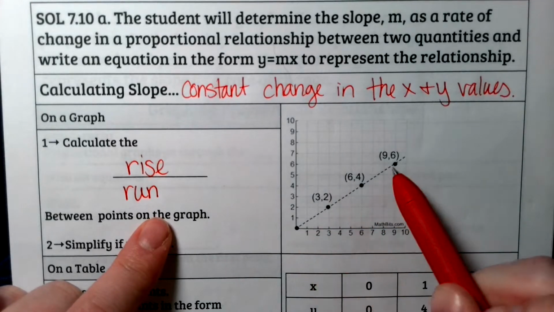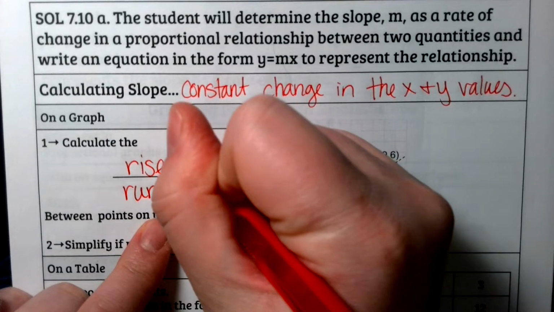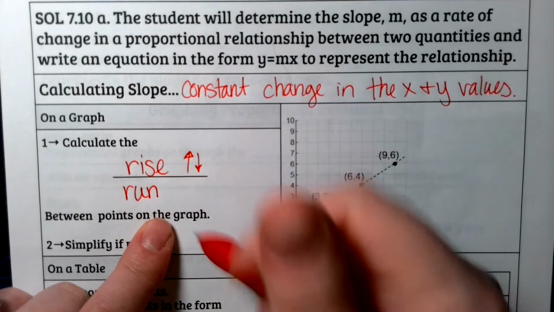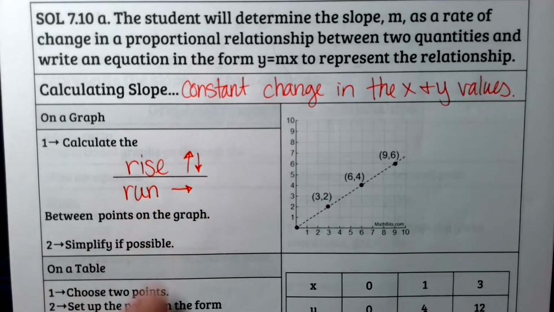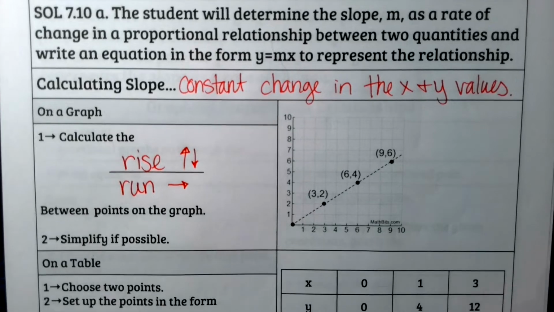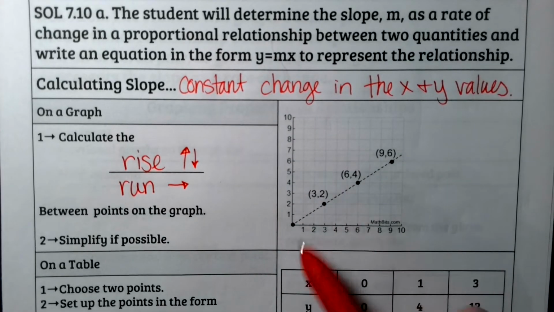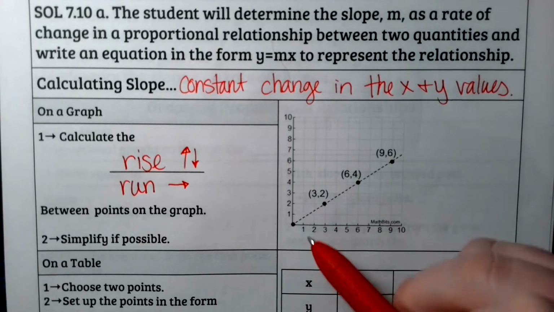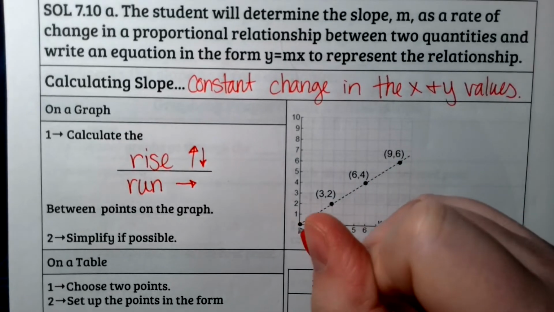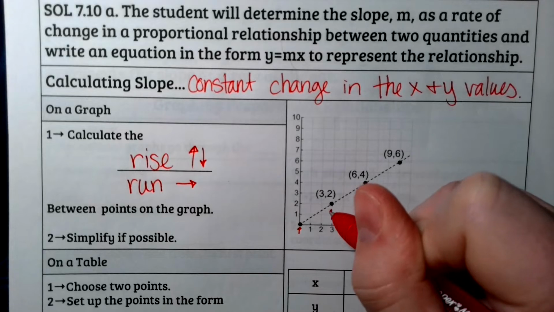Between each of our points, we're going to see how far we go up or down, and then how far we run to the right between our different points on the graph. And then we're going to simplify it if we can. So if I look at my graph here, I'm going to start between any two sets of points. It does not matter. I'm going to pick this point, and I'm going to do the slope to this point.